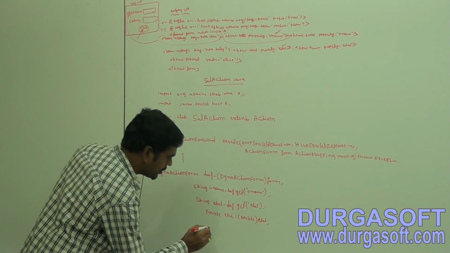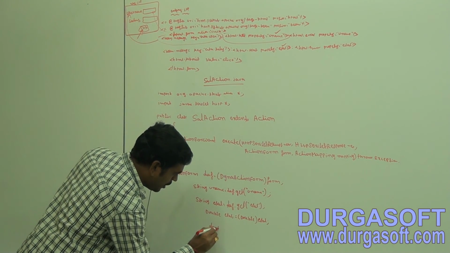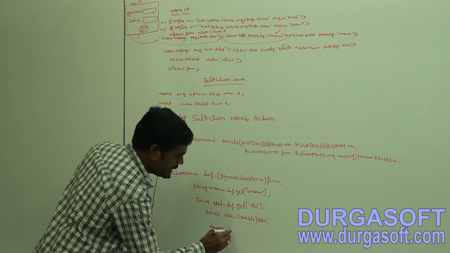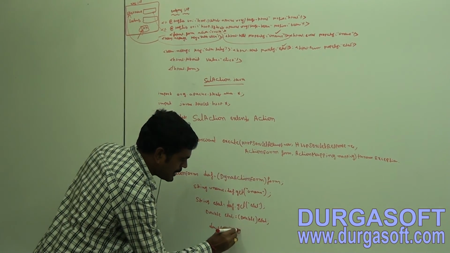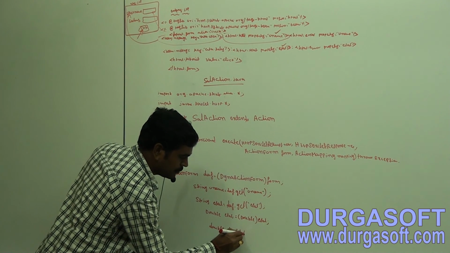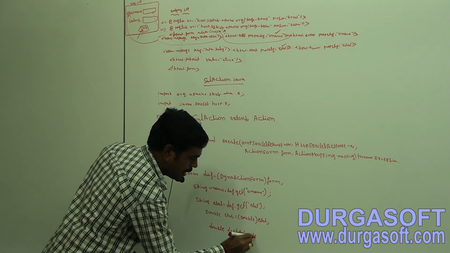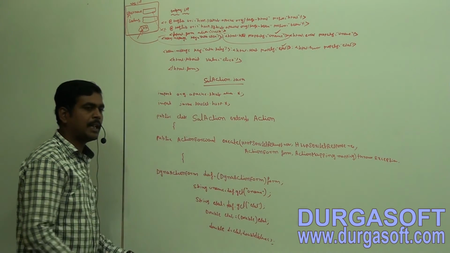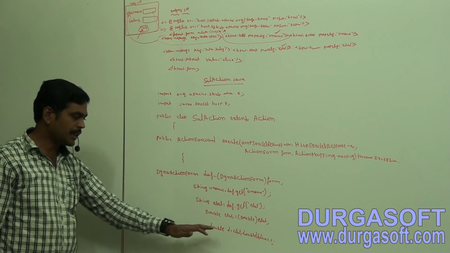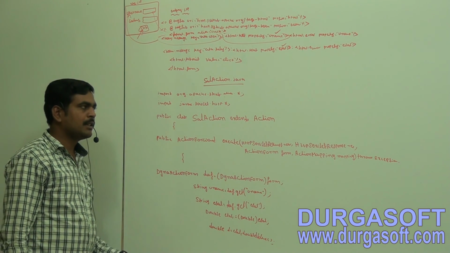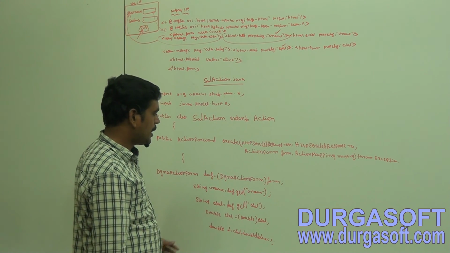Then what we have to do? Double d is equal to isal1.doubleValue. If you want an integer, then intValue. Then we are getting the double value.